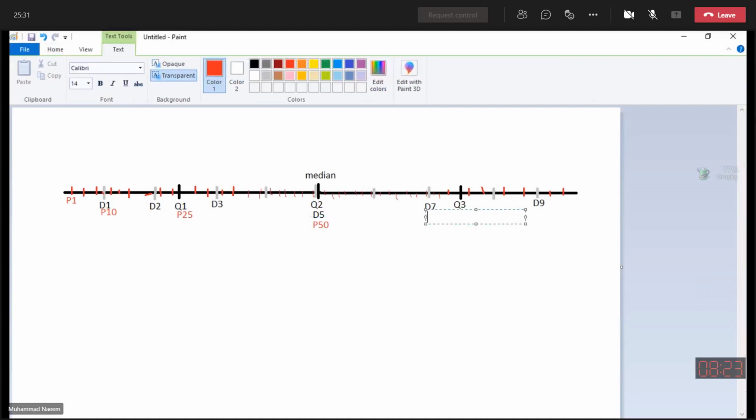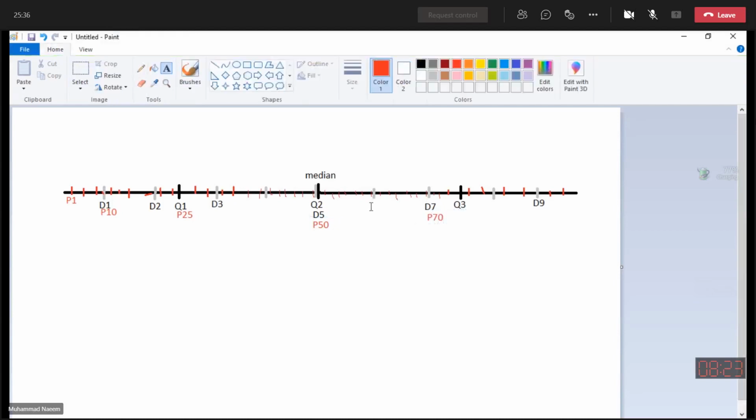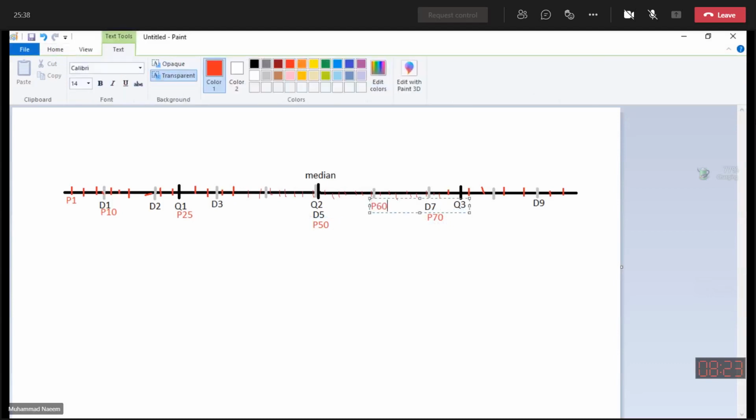D7 will be P70. Here we have P60, and last one P99.